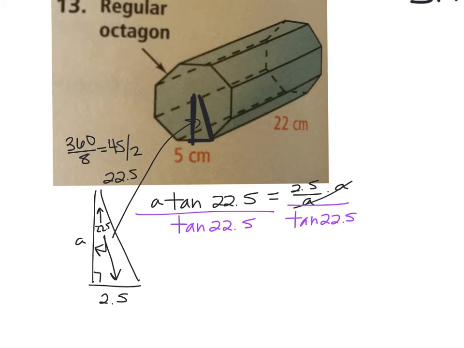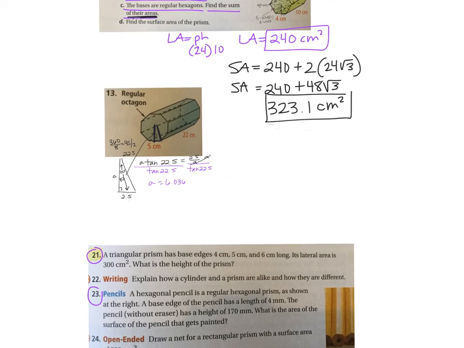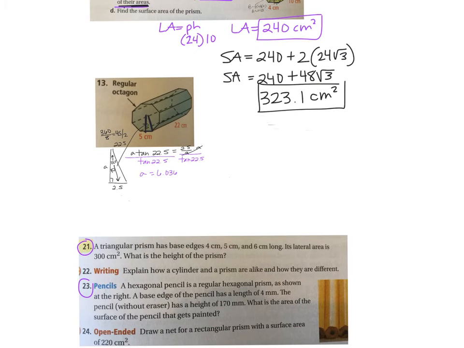So 2.5 divided by tan 22.5 gives you an apothem of 6.036. So what you have to do here is find the area of the base to be able to plug it in here. Other than that, it's really the same problem.